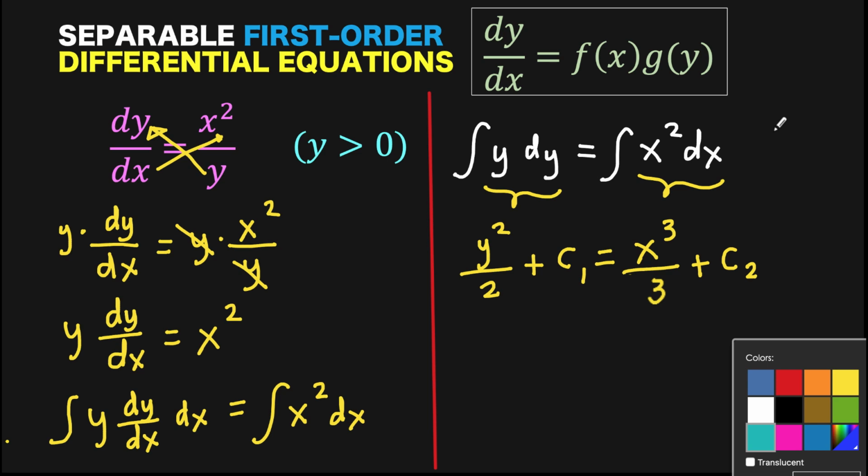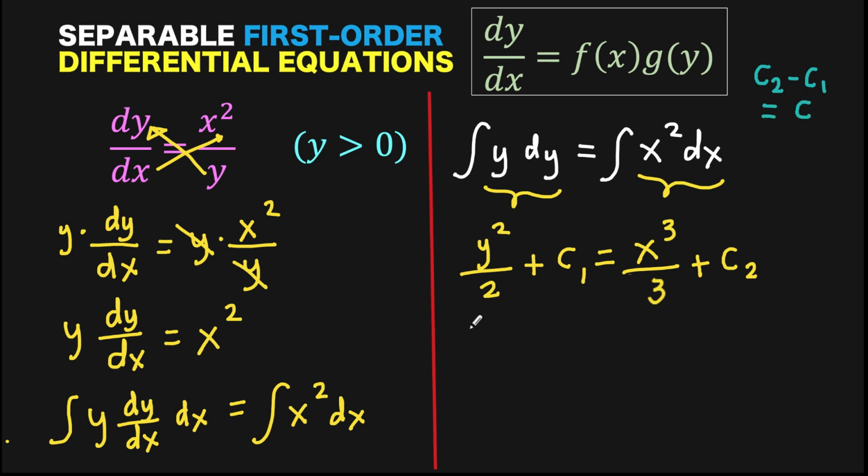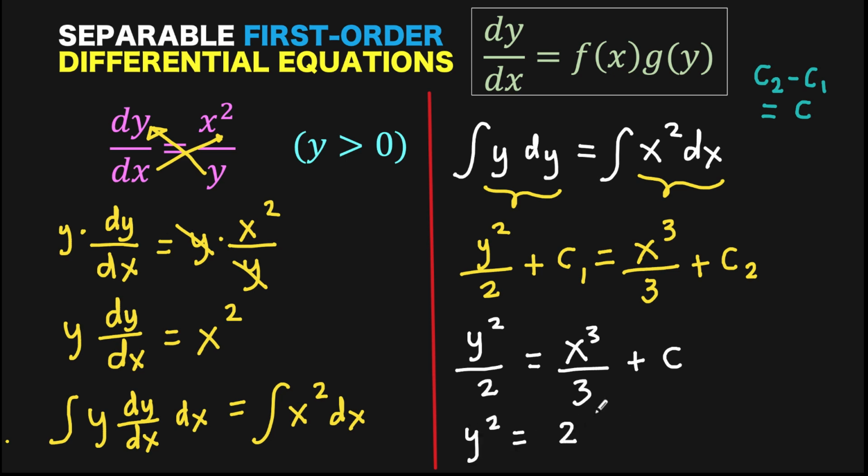Now, if we let c sub 2 minus c sub 1 be equal to another arbitrary constant c, this can be simplified as y squared over 2 equals x cubed over 3 plus c. Then simplifying further, this becomes y squared equals 2 times x cubed over 3 plus c.